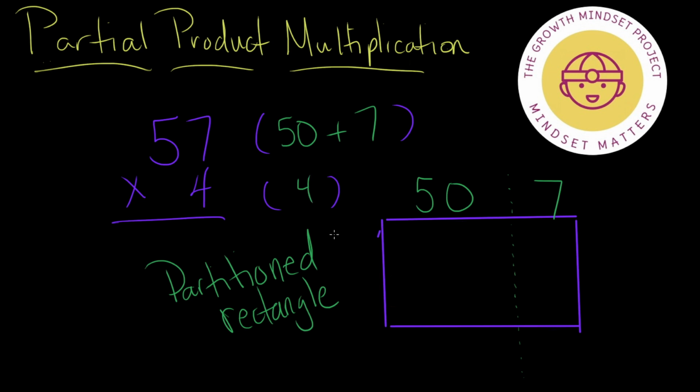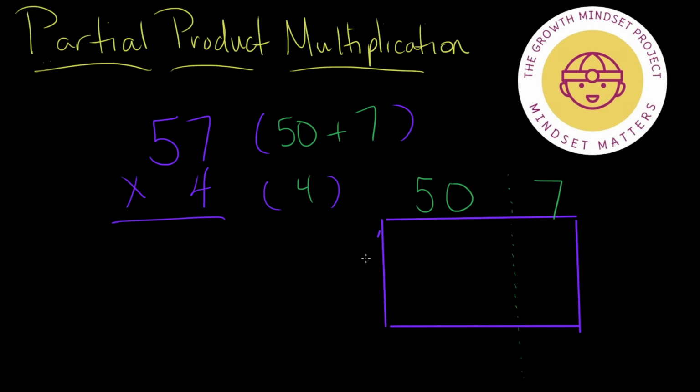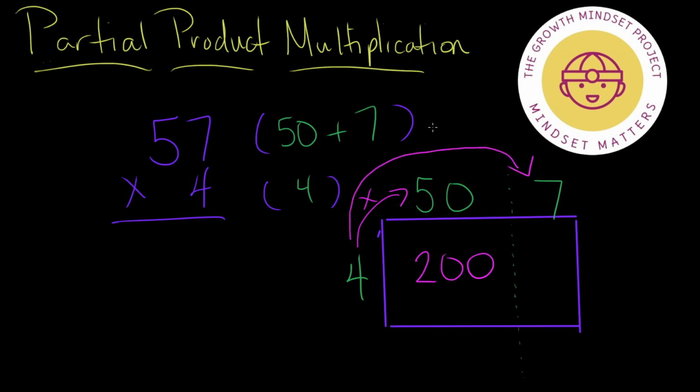Okay, so get rid of that so we have a little more space. So if I put my 4 over here, well, we could just multiply like we did here. Okay, I'm going to multiply. What's 4 times 5? Well, 4 times 5 is 20, plus a 0 would be 200. And then I'm going to come all the way over here and multiply 4 times 7.